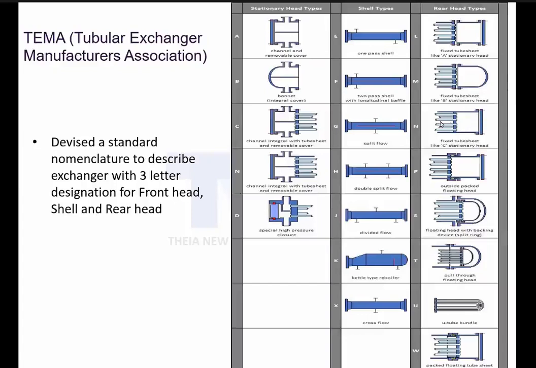Once you fit it, shell side and tube side, everything should be clean. Only then do you go for N type exchangers. Normally, in practice, if you use cooling water, it is a fouling fluid.